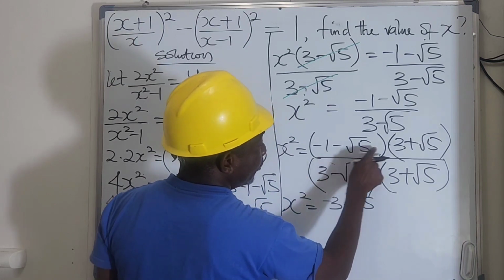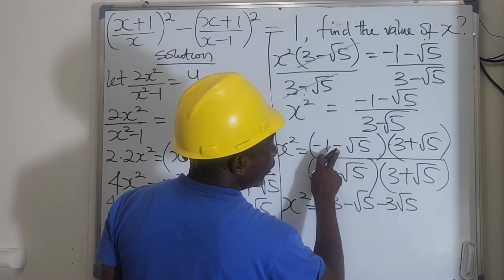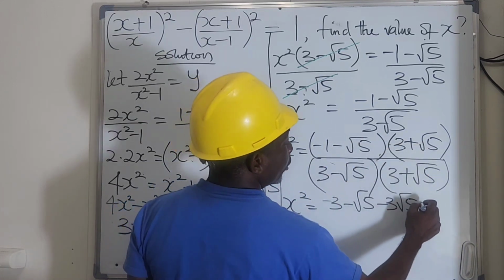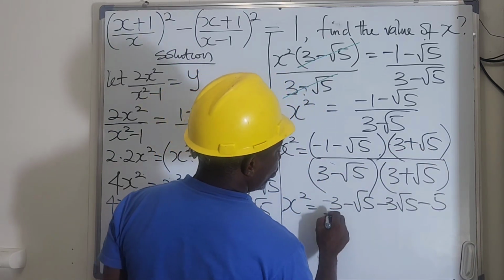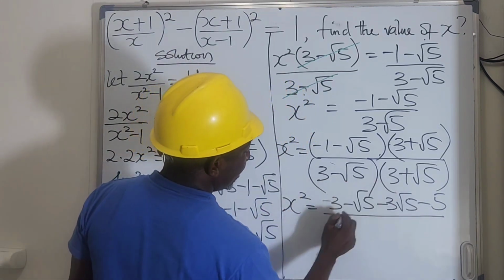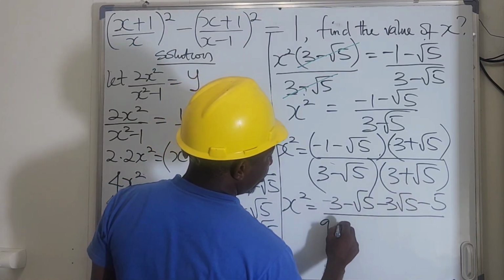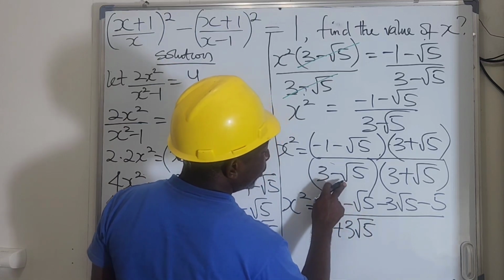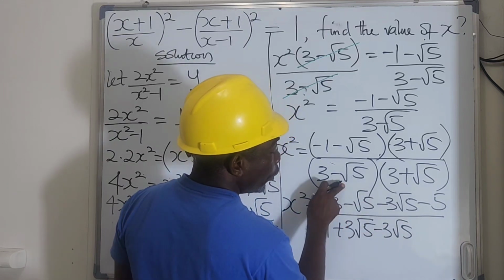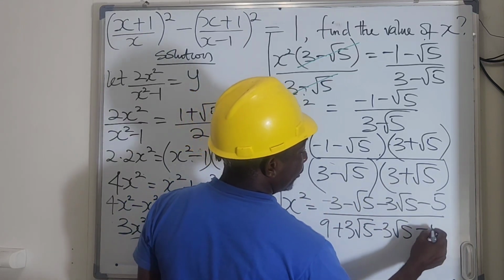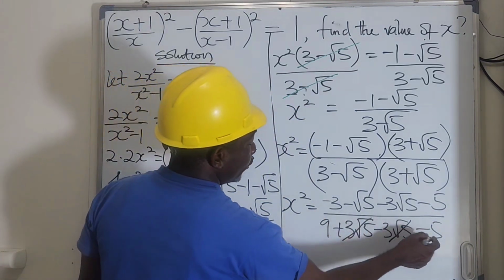Then minus root 5 times 3 gives minus 3 root 5. Then minus root 5 times root 5 gives minus 5, because root 5 times root 5 gives 5. All over, 3 times 3 gives 9. Then 3 times plus root 5 gives plus 3 root 5. Minus root 5 times 3 gives minus 3 root 5, and minus root 5 times root 5 gives minus 5. This cancels here. It's a difference of two squares, so 9 minus 5 gives us 4.